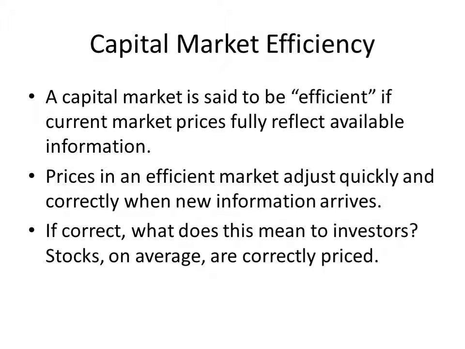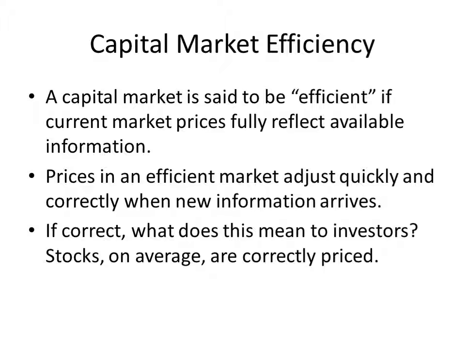Let's talk about capital market efficiency. We call capital markets efficient if the current market prices fully reflect available information. In other words, if a new piece of information arrives, if that information is fully reflected quickly in stock prices and bond prices, then we say that that capital market is efficient.